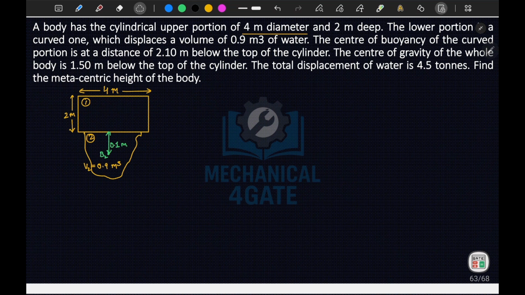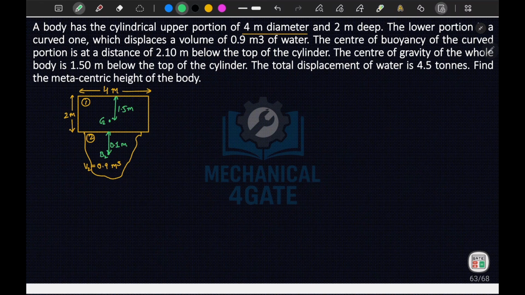Now what else? The center of gravity of the whole body, g of the body, is 1.5 meter below the top of the surface. So this is your g. Okay, and g is at your 1.5 meter below the top of the cylinder.